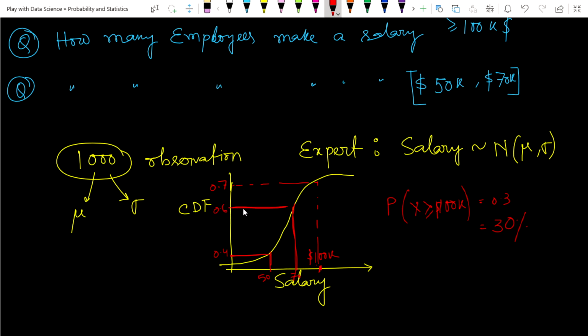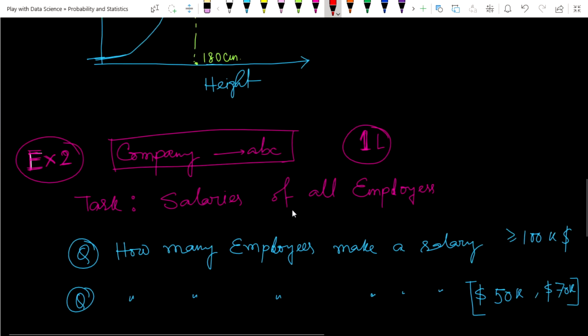How many points do we have in this region? In this region we have 20% of them. So the probability of the random variable being between $50k and $70k is equal to 20%. These things are useful to make conclusions.